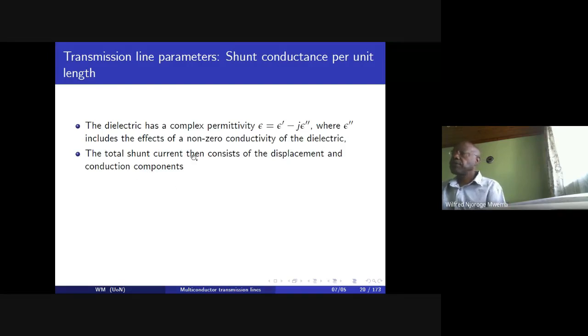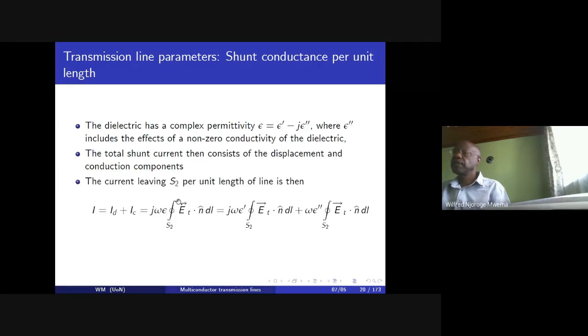So the total shunt current will consist of the displacement current and a conduction component. So the current leaving S2 per unit length of the line will then be given by I equal to the displacement current plus the conduction current through the non-zero conductivity, the displacement being due to the polarization.